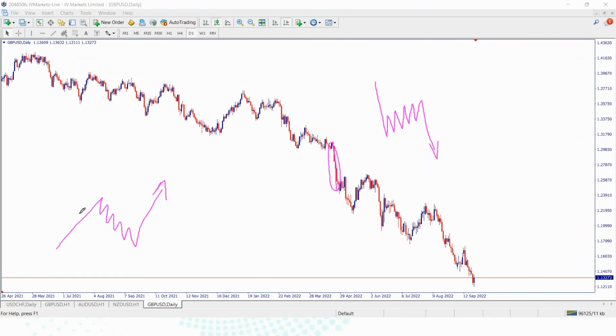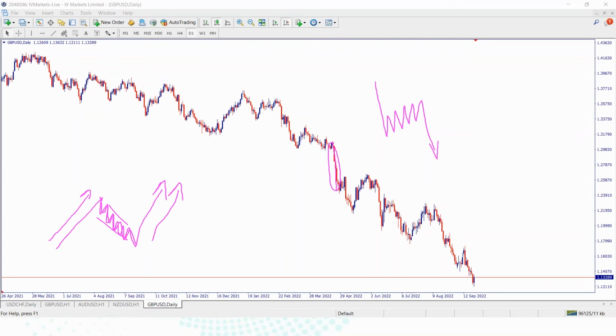So if we have this impulse, we must wait for the correction, for the retracement to the downside. And for the downside, we have to measure the retracement levels. And this is the thing we are using our Fibonacci tool for, to measure the retracement and then going for the next opportunity, the next impulsive opportunity.